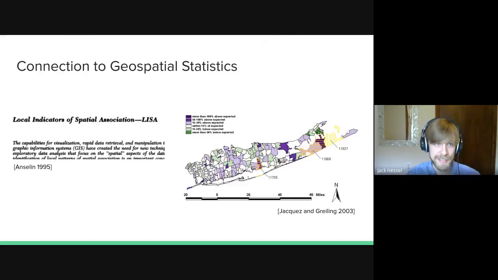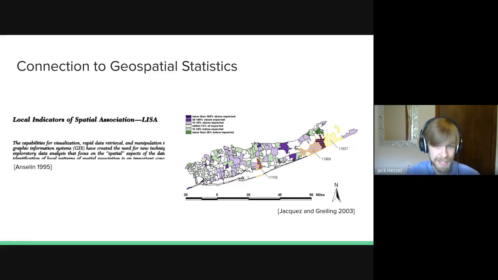But I will draw this close connection that our method has to geospatial statistics. So geospatial statisticians are folks who are often interested in measuring whether or not statistics cluster over like a 2D real-world map. This example I've shown is cancer rates on Long Island.